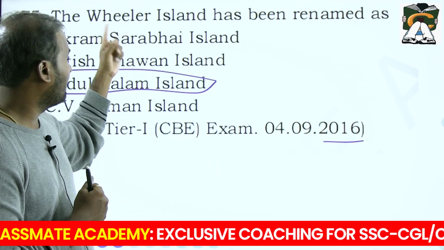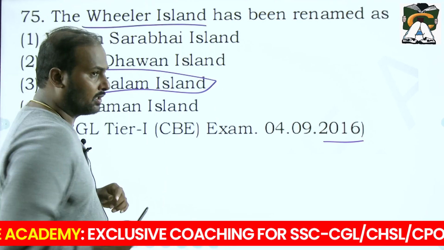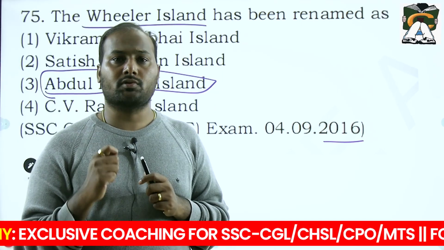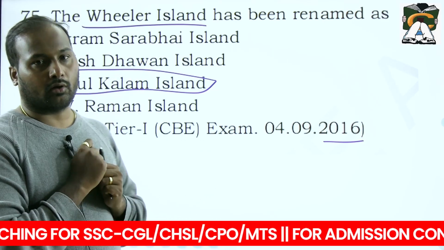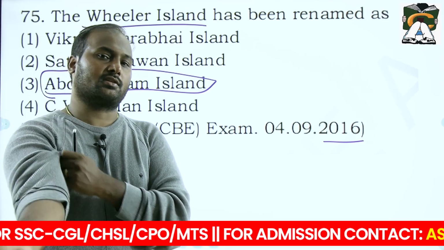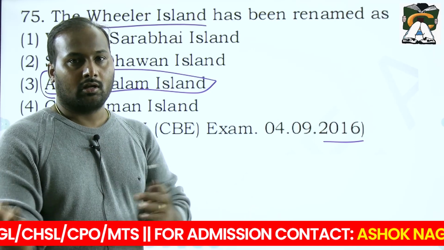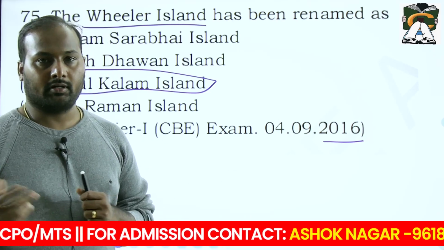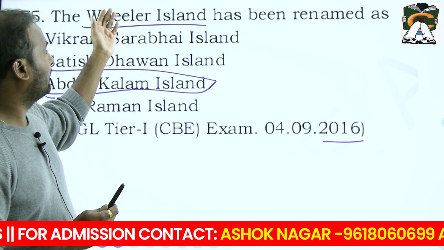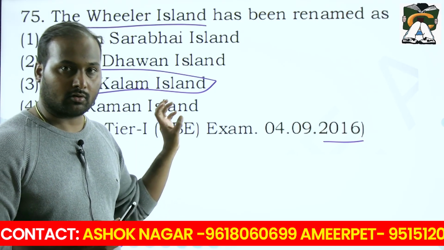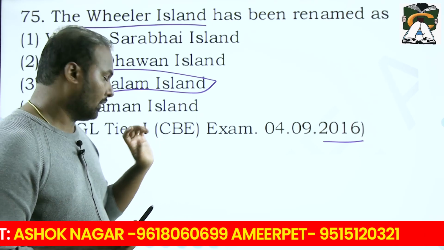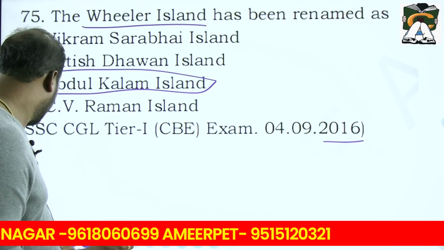Wheeler Island is present near Orissa, where it is used to test various missiles. Because Abdul Kalam is the missile man of India, they renamed Wheeler Island as Abdul Kalam Island because of his contribution to the guided missile development program.